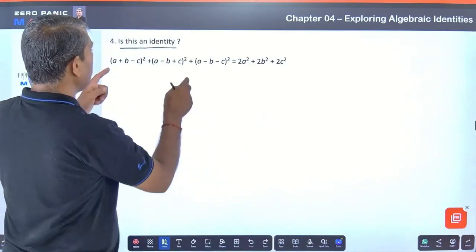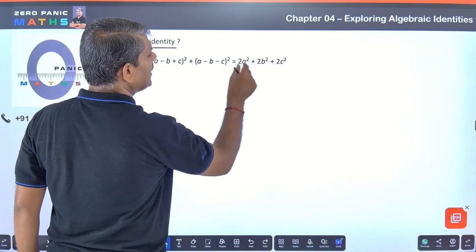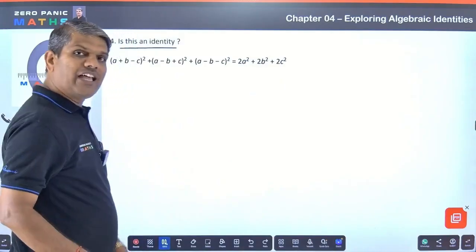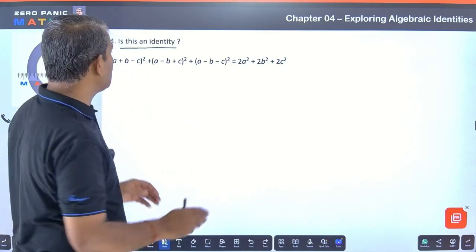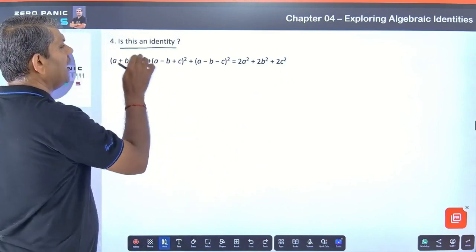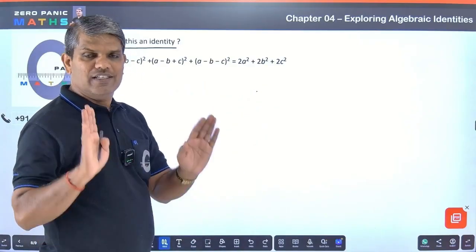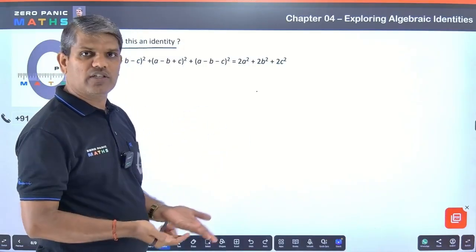So if you expand the left hand side here and you exactly get 2a square plus 2b square plus 2c square, then it is an identity. Otherwise it is not an identity. Because for every given value of a, b, c, the LHS should be equal to RHS, then only it is an identity. Otherwise it will be a contradiction.